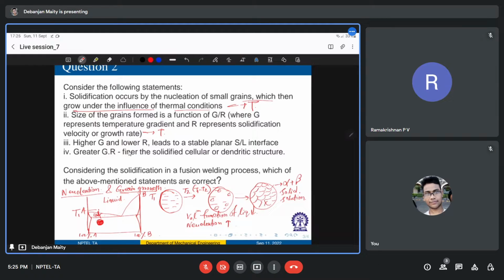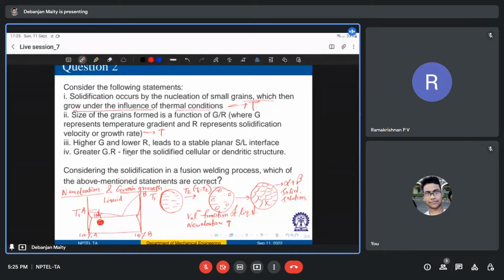Depending on the temperature gradient and the solid-liquid interface velocity, or growth rate, the grain size can vary. Coming to the next statement, it says that a higher temperature gradient and lower R, so lower growth rate, leads to a stable planar solid-liquid interface. This is also true.